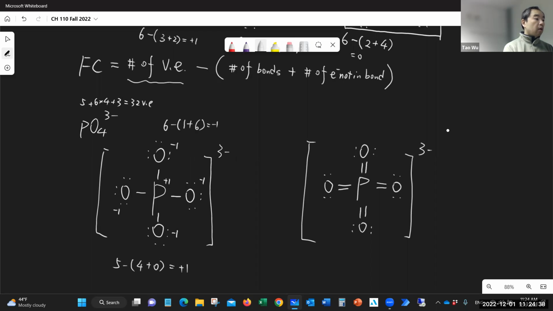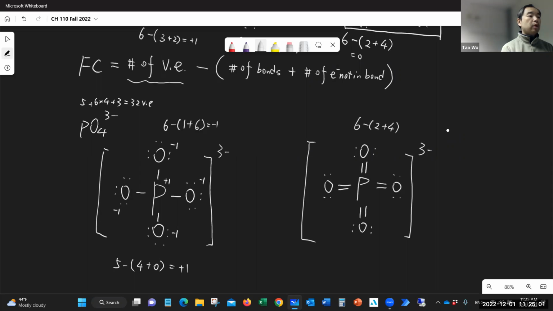Then you see that none of these elements are 0. They more or less have a number, right? The -1, -1, -1, -1, and this is +1. But if you look over here, this oxygen is 6, subtract 2 bonds, plus 4 dots.